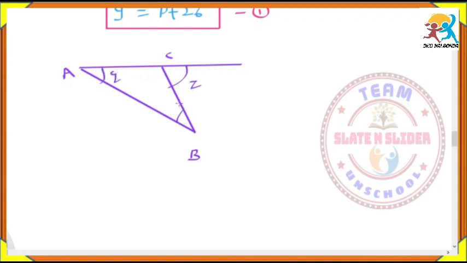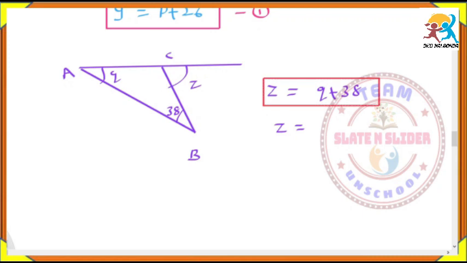This angle Z is the exterior angle. So we can write Z is equal to the sum of opposite interior angles, that is Q plus 38. Z is equal to Q plus 38. This is the second equation. Add 1 and 2.